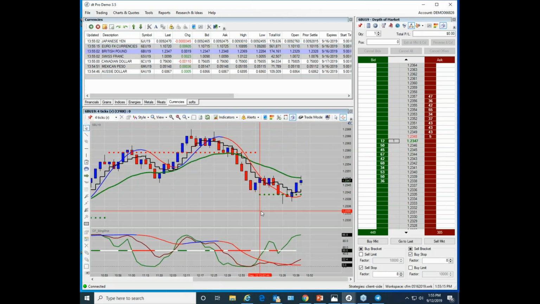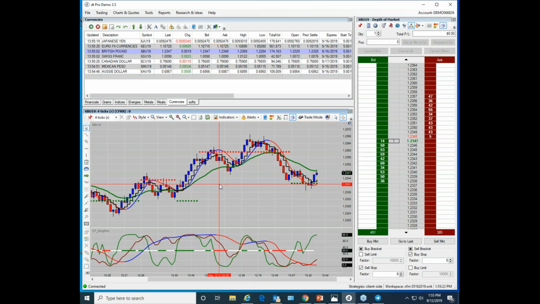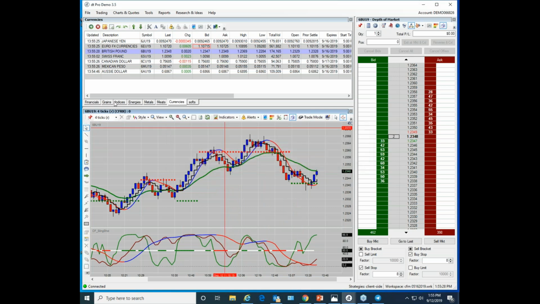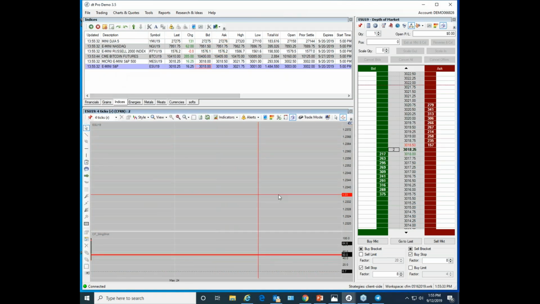British pound. It's back to the BBC. Okay. Zoom out, zoom out. Are we trending? We do have a lower low here. And we got stopped out of the ES. Okay. So that's why I told you not to push any buttons, because that's the trap that people fall into.